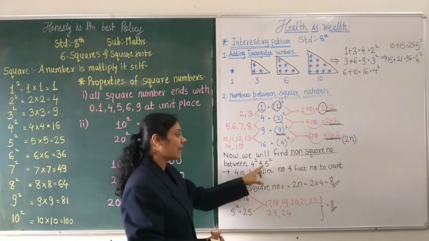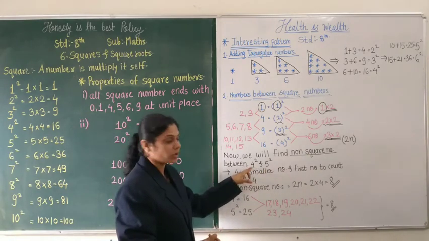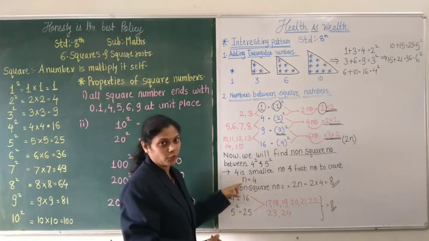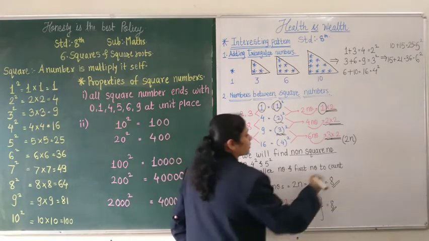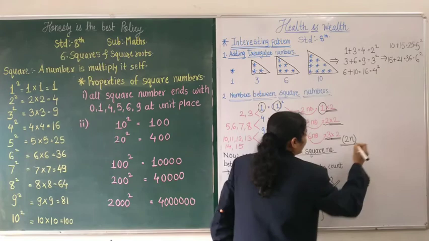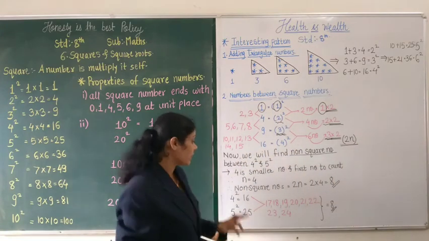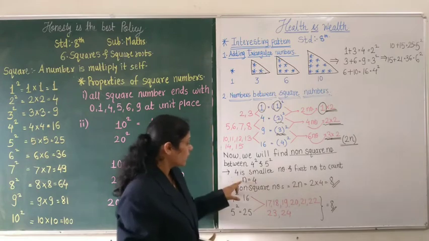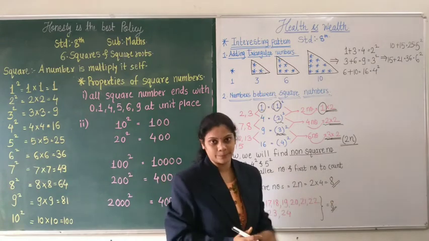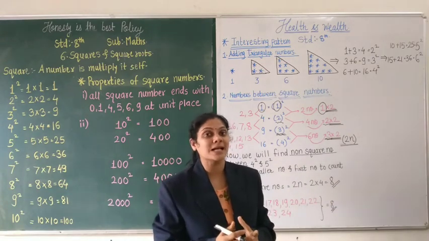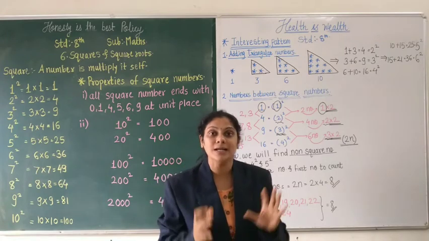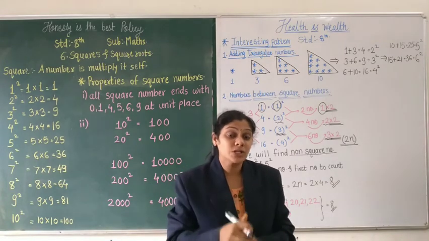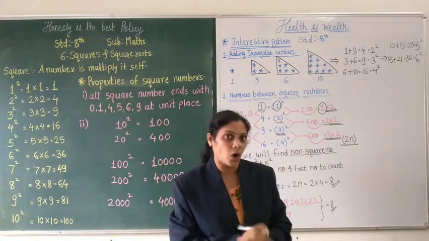So between 4 and 5, the smaller number is 4. So as n, we will take 4. So what formula have we found here? 2n. So the number of non-square numbers is 2n, that is 2 into 4, that is 8. So there are 8 non-square numbers between 4 square and 5 square. Now we will check it. Is it right or wrong?